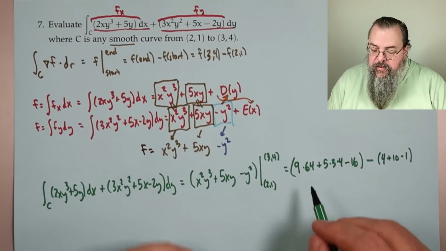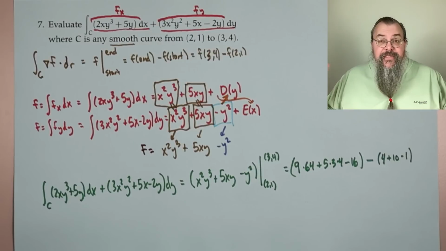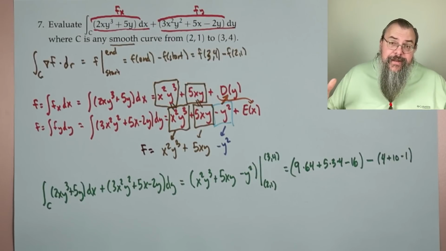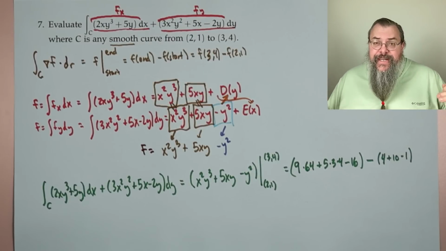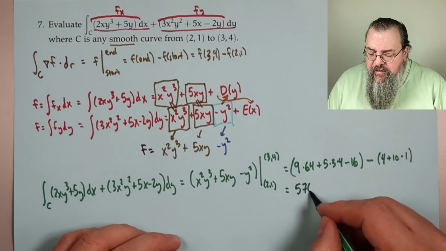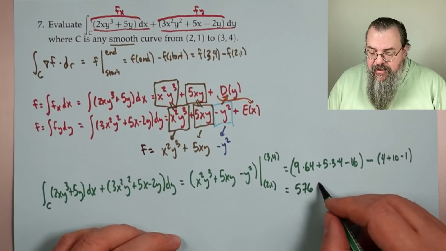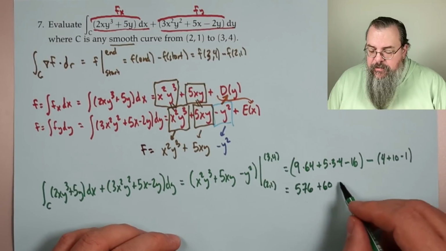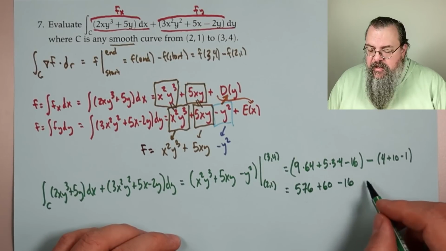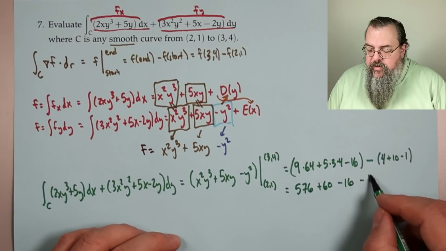All right, now 9 times 64, that might sound scary, but if you think about it as 9 times 60, it's 540. 9 times 4 is 36. Put those together, you get 576. 5 times 3 is 15, times 4 is 60, so plus 60. And then we're going to subtract 16, and then we're going to subtract 4 plus 10 minus 1 is 13.